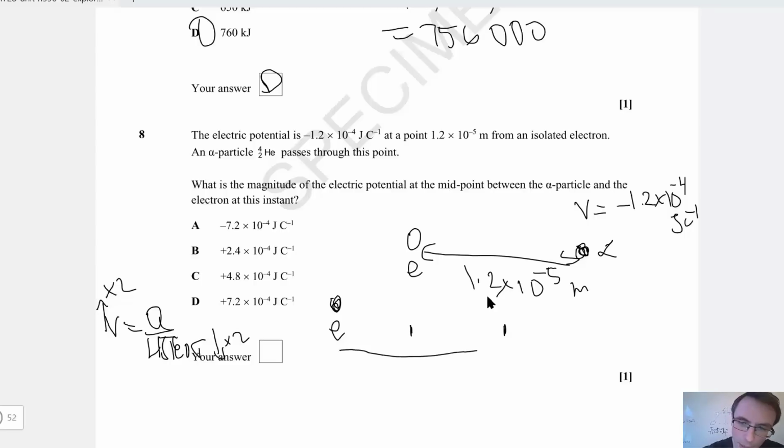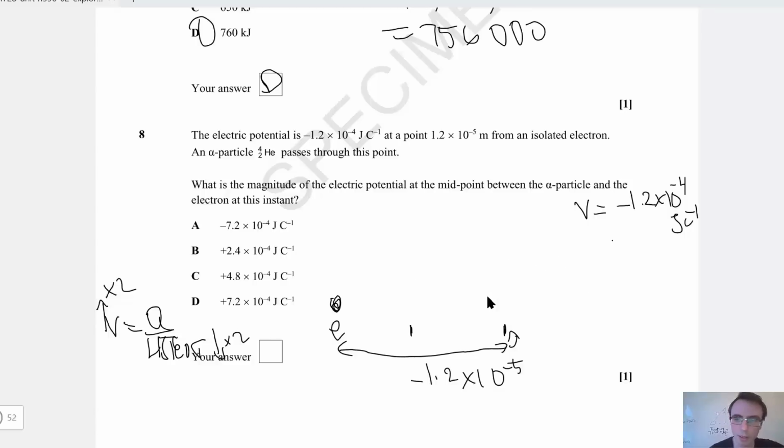So this here is the distance 1.2 times 10 to the power of minus 5. Let's get rid of my clunky diagram over here. The potential here, just due to the electron, is minus 1.2 times 10 to the power minus 5. So right over here, it will be even more negative, minus 2.4 times 10 to the power of minus 5. Now, imagine that I put a proton here. What will happen to this potential?